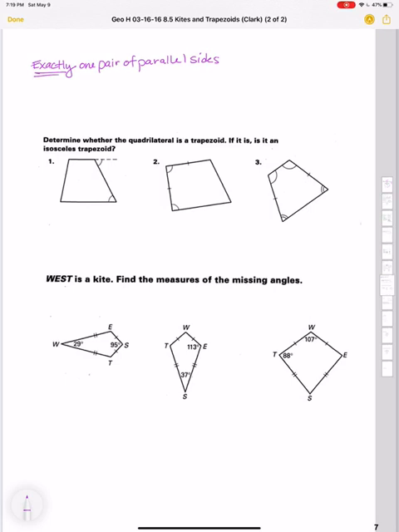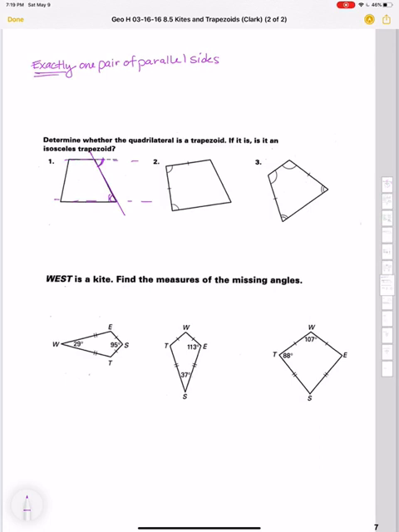Determine whether the quadrilateral is a trapezoid. So this one, it's showing us that this angle is congruent to this angle. And if we were to continue these sides, this would be a transversal. And so these are alternate interior angles that are congruent. And what do we know about alternate interior angles?